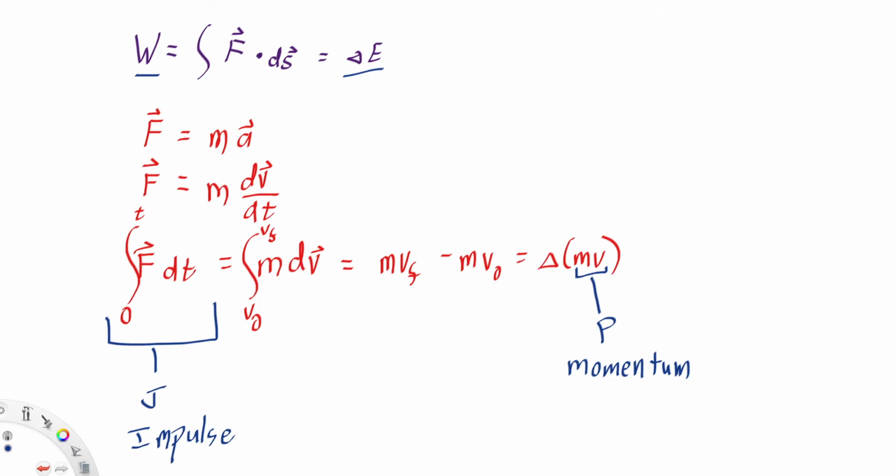Why J and P are used for impulse and momentum, I have no idea. But that does give us a nice symmetry between these two theorems. If we're applying a force over a distance, then the work we do causes a change in energy. If instead we are applying a force for a time, the impulse we do causes a change in momentum.